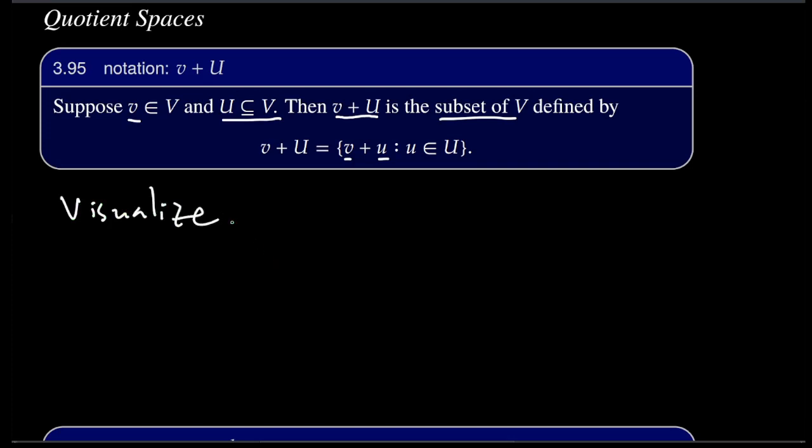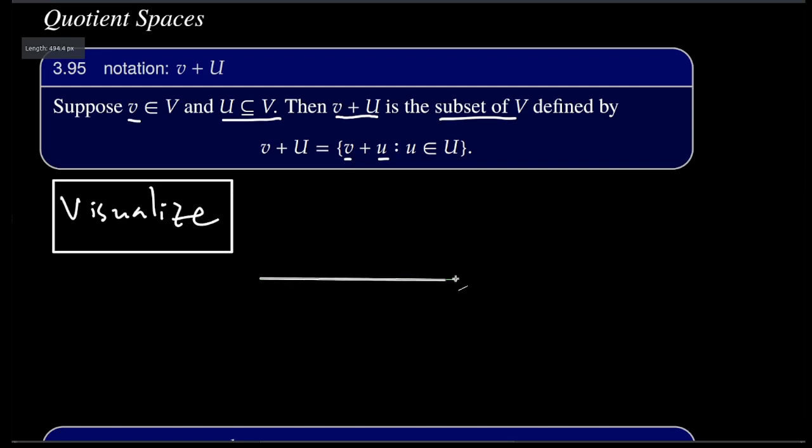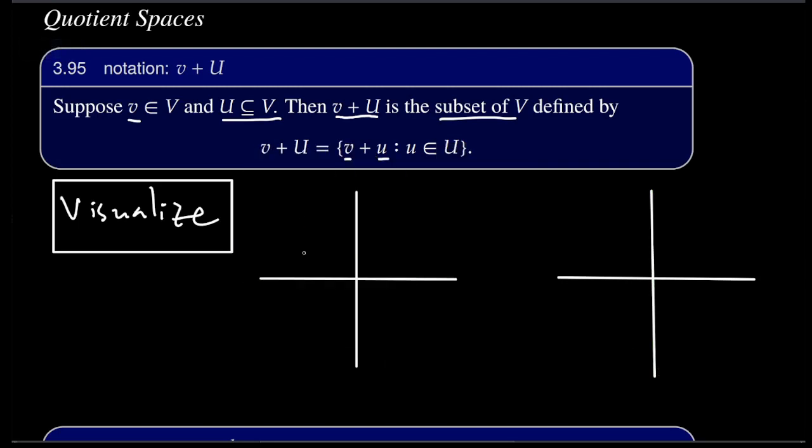Here's a visualization of what we're talking about. Let's just imagine everything is living in R2, say. I'm going to take two copies of R2, and I'm going to try to show how this works in an intuitive visual way. First off, I will draw a subset, some kind of little squiggly ball here.